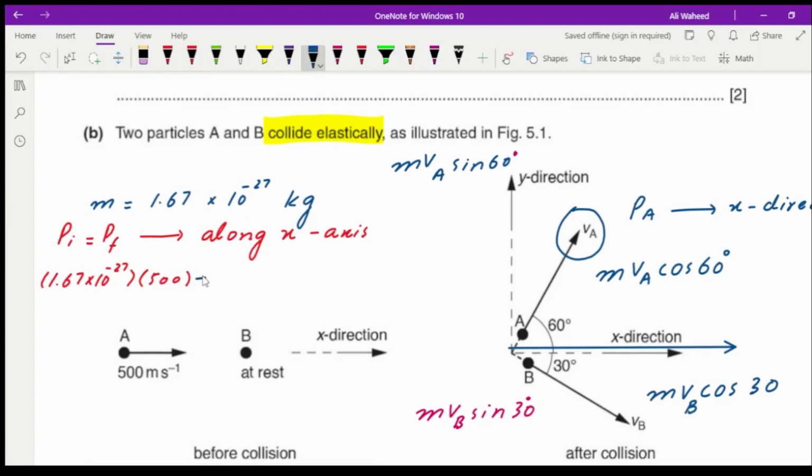So the total initial momentum was the momentum of A plus the momentum of B, which is 0. This is the total momentum before collision.